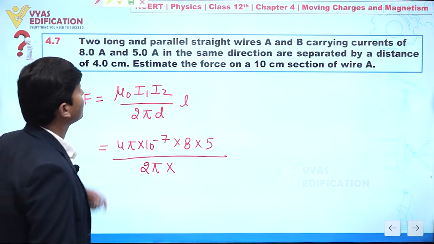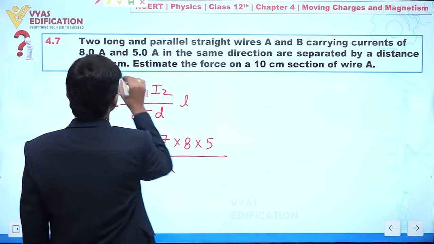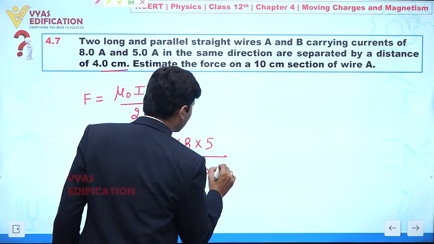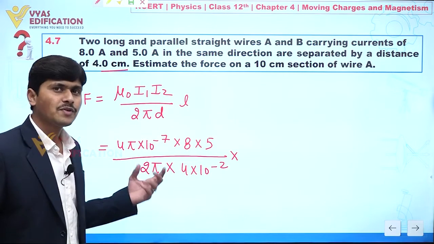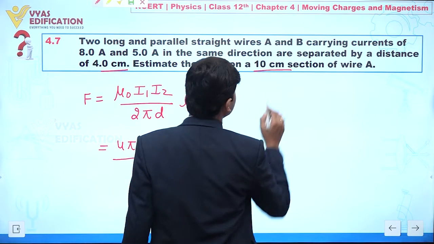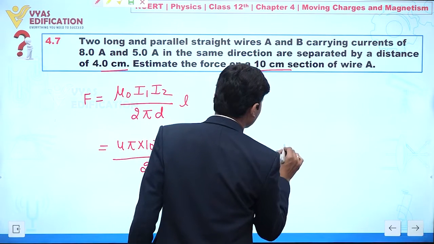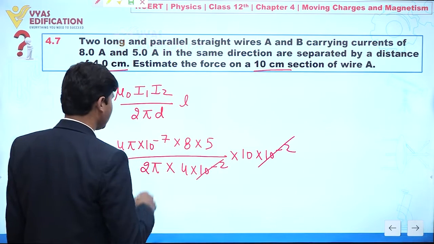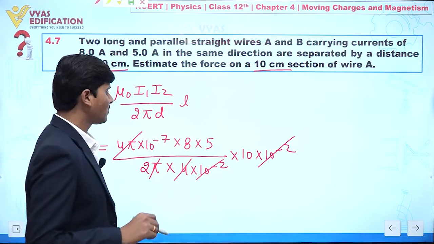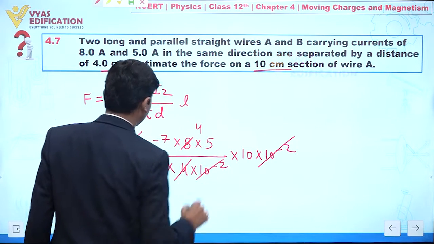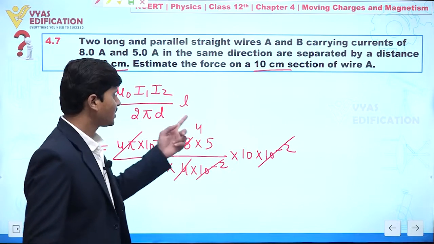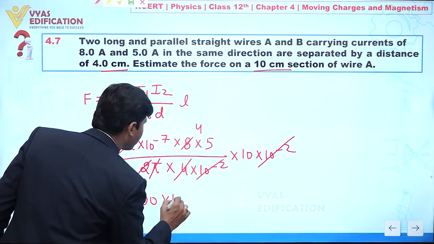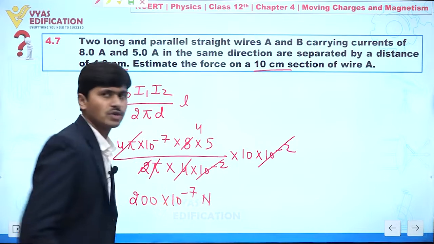The wires are separated by a distance of 4 centimeter, that is 4 into 10 to the power minus 2. And we have to find the force acting on a segment of 10 centimeter, so 10 into 10 to the power minus 2. From here, the pi cancels out, and 4 pi cancels out. This gives 4 in the denominator, so 20 and then 200, so 200 into 10 to the power minus 7 Newton.